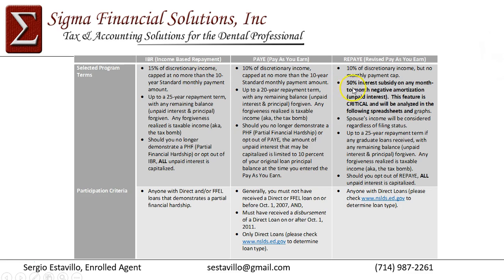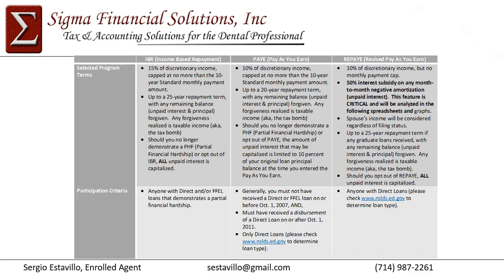Another nice feature that isn't available in either of these two programs is that there's a 50% interest subsidy during the life of this program if you're realizing any month-to-month negative amortization or unpaid interest.